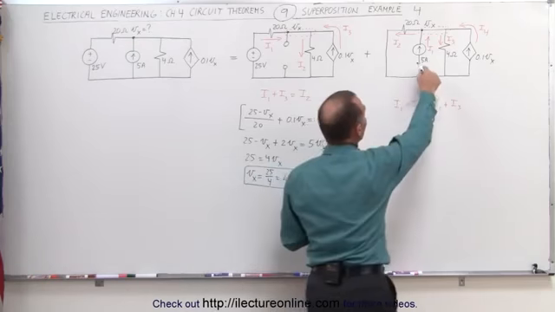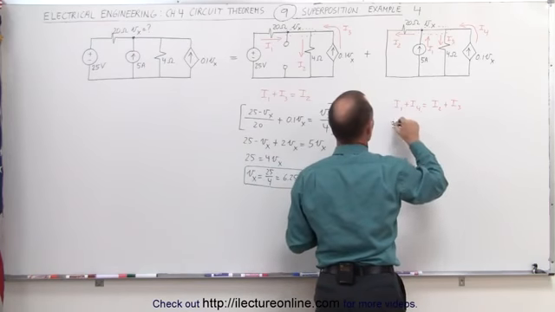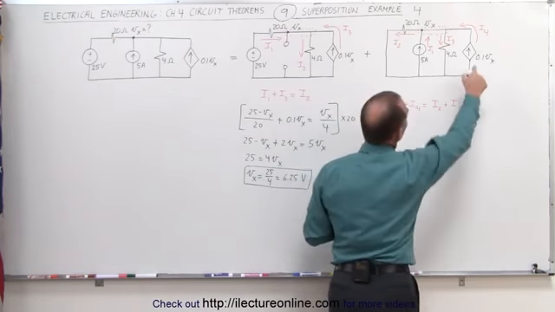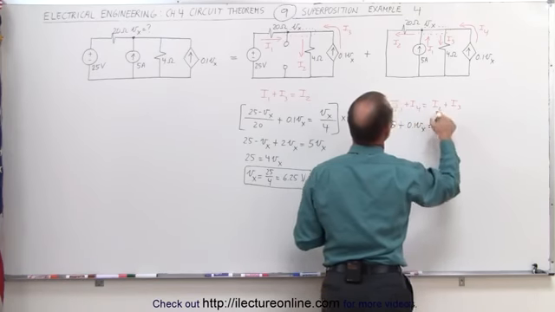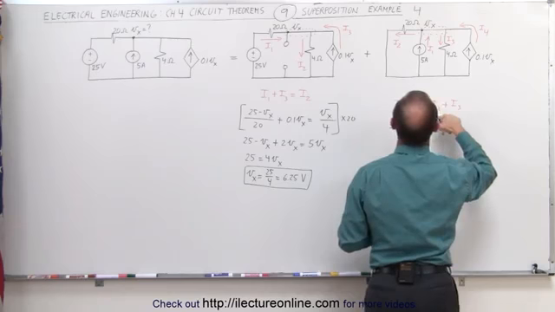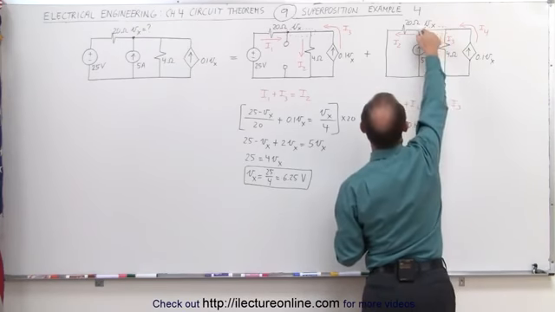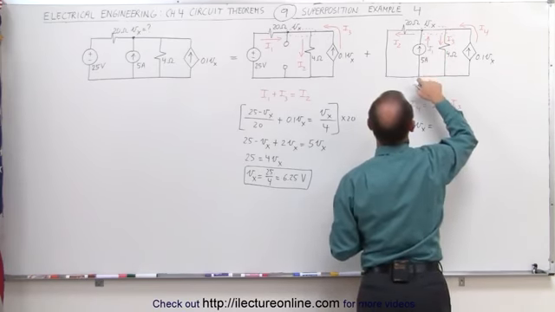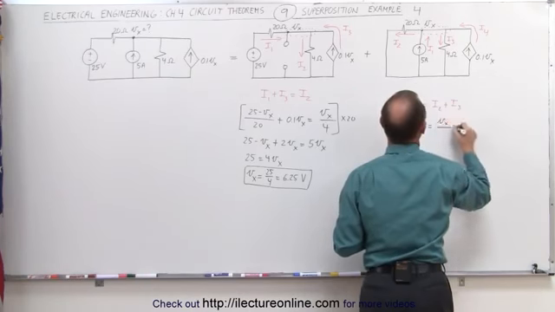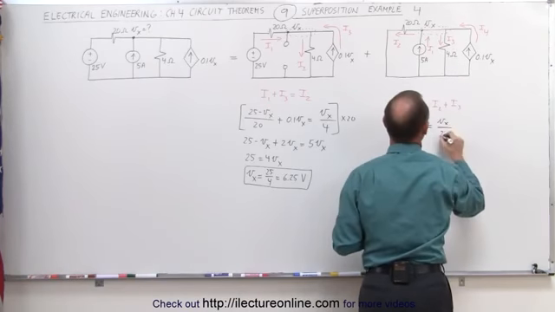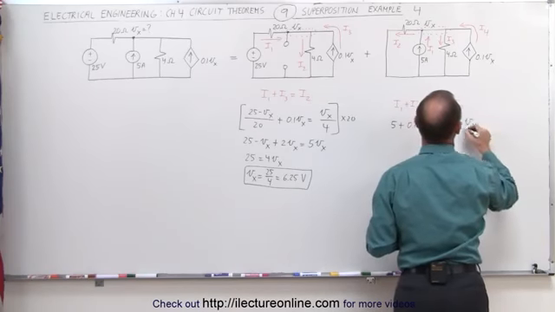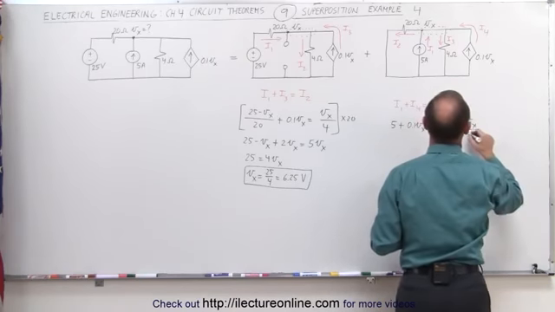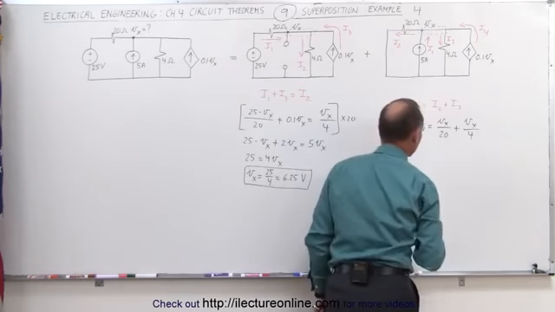I1, that's easy, that's 5 amps, plus I4 is also easy, 0.1 V sub x, equals I2. I2 would be the voltage difference between there and there, assuming this is at 0 volts. That would be V sub x divided by the resistance in between, 20 ohms, plus I3, which is V sub x divided by the resistance in between, 4.